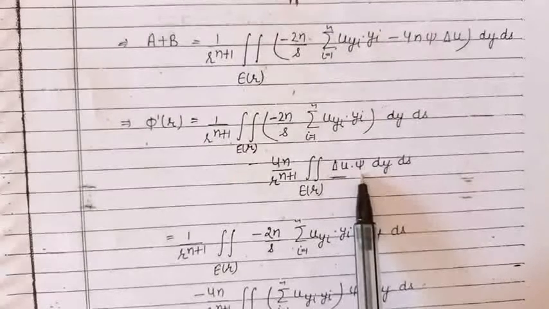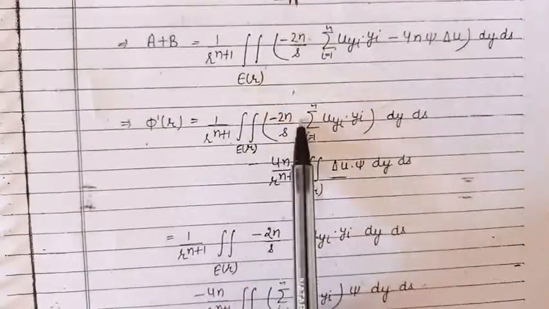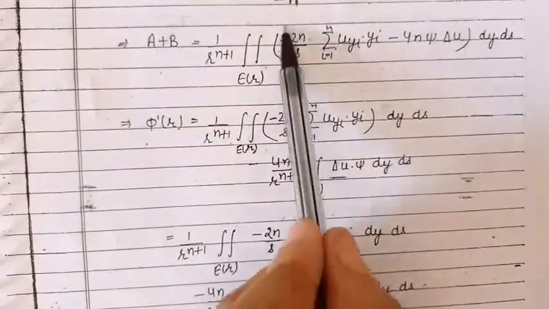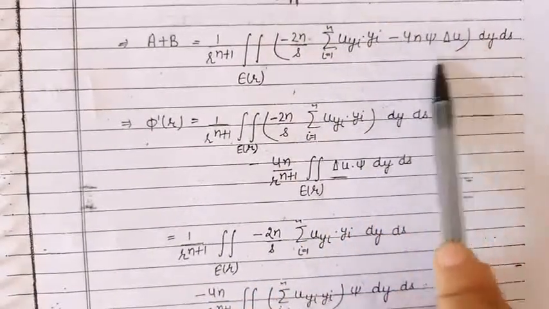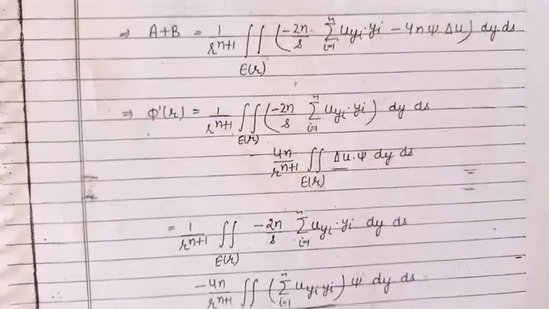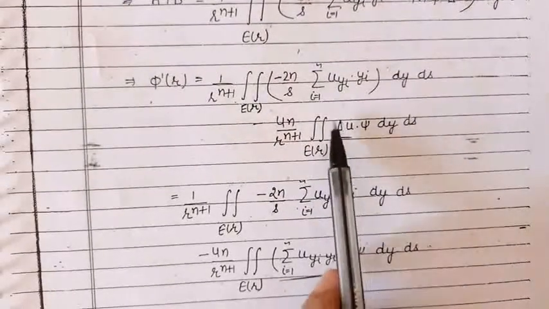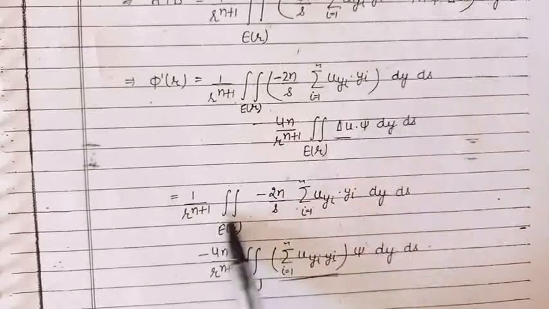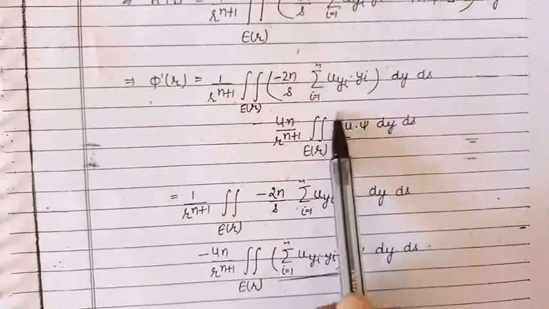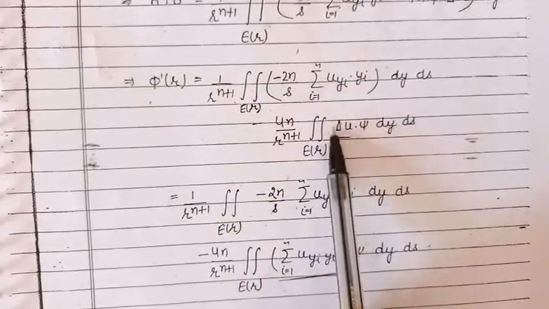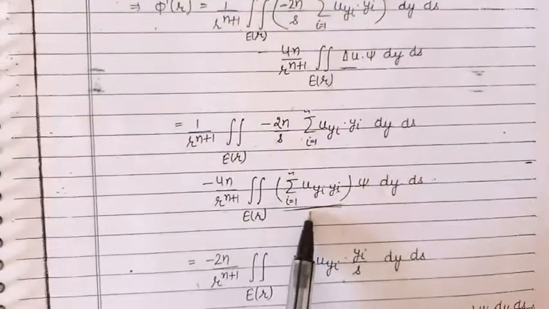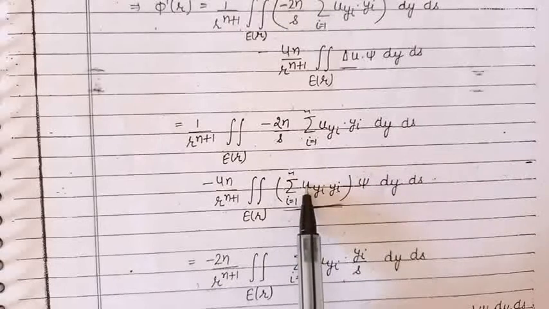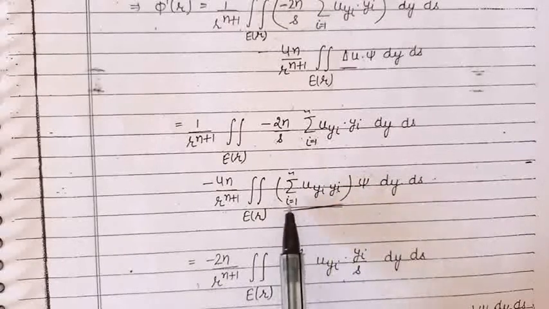So we get phi dash r is equal to this double integral. Now from here let us separate this integral into two parts. First part corresponding to this expression and the second integral corresponding to this term. This term we have taken as it is, and here we have substituted the value of Laplacian of u. By definition, Laplacian of u means summation ∂²u/∂yi², where i varies from 1 to n.